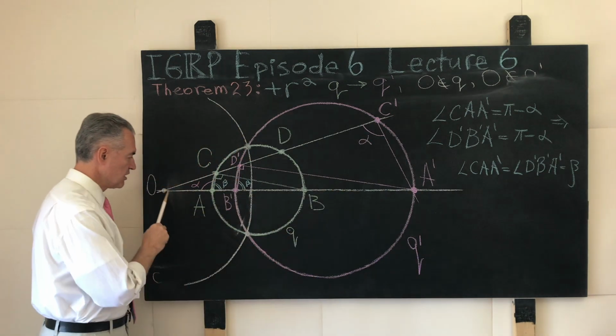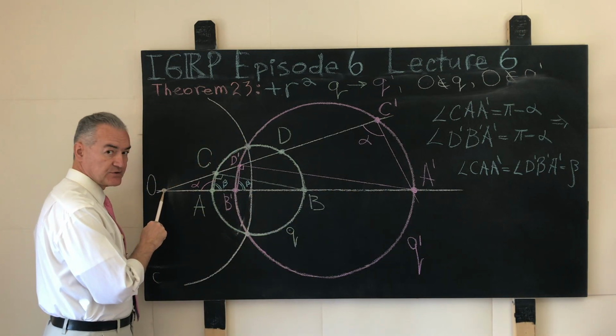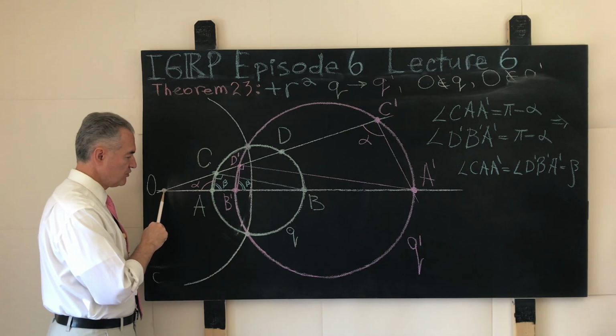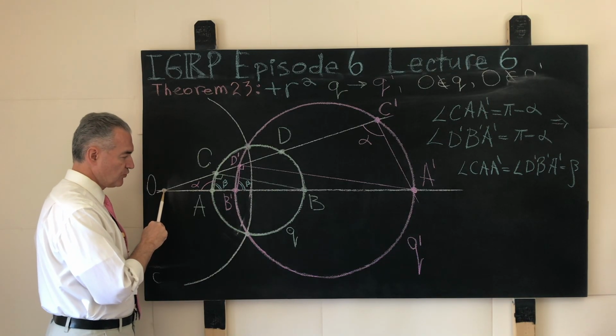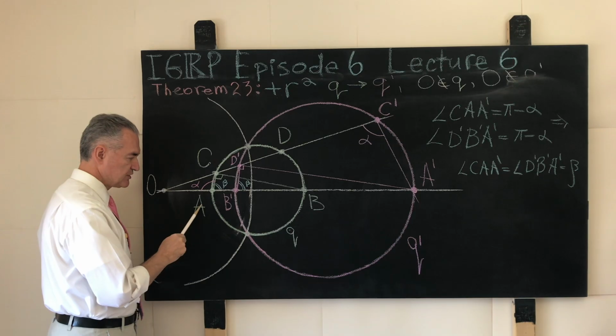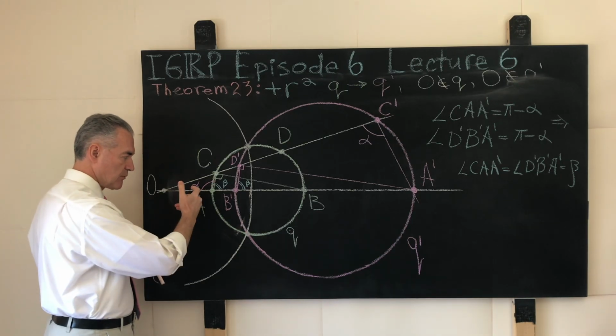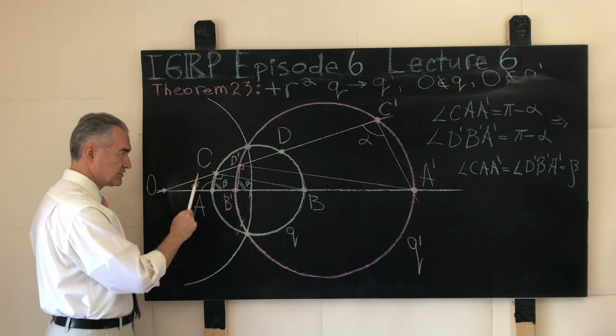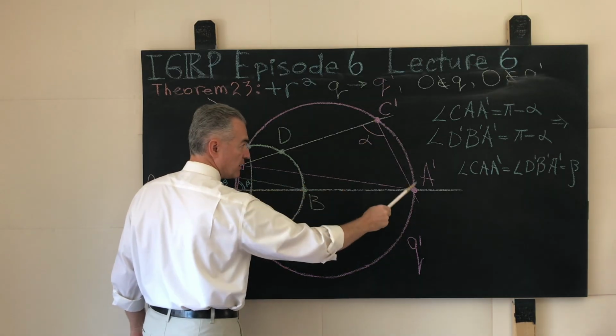One more time, remember, if we have an angle with vertices named O, A, C, we take the images of these points, A prime, C prime, and then we swap them. So AC becomes C prime, A prime.